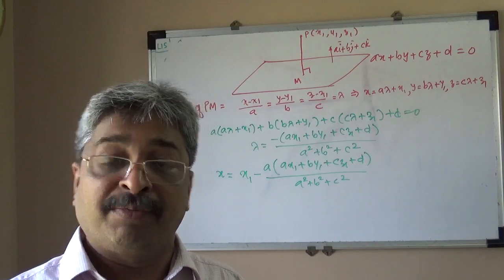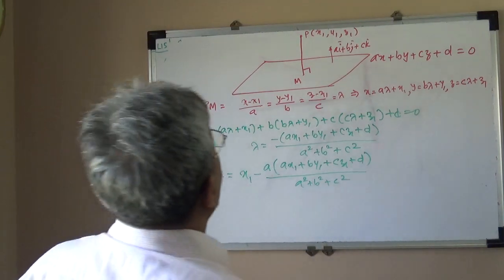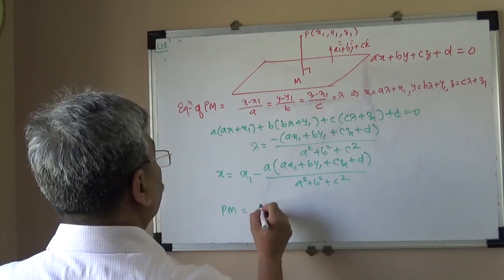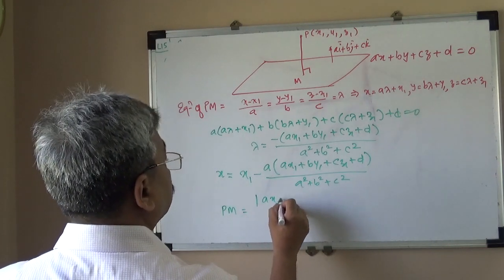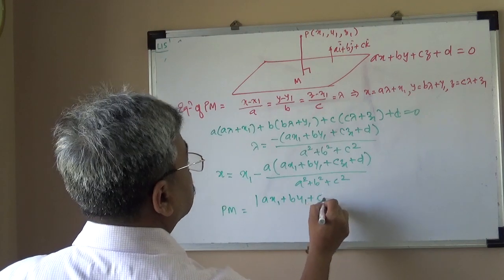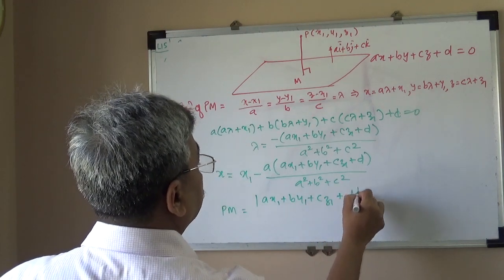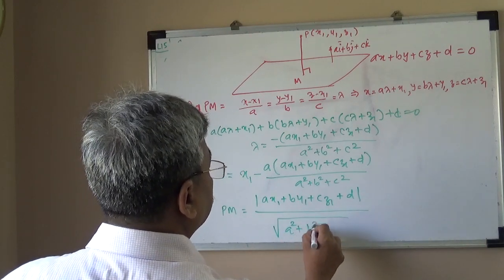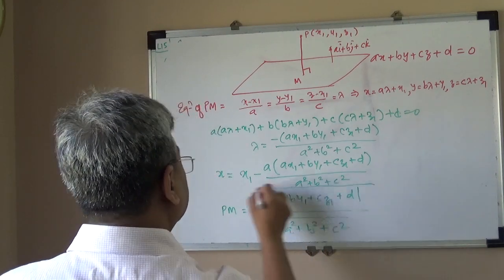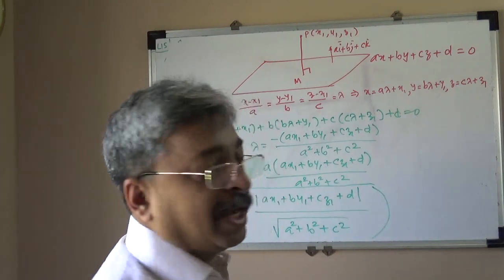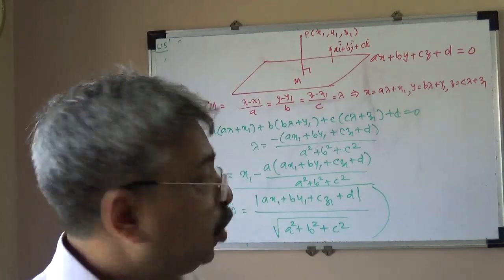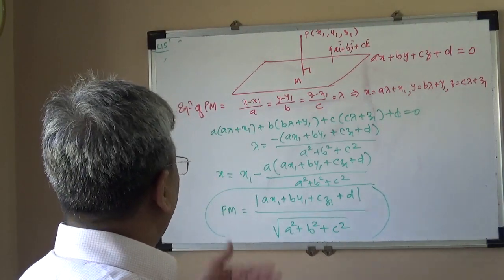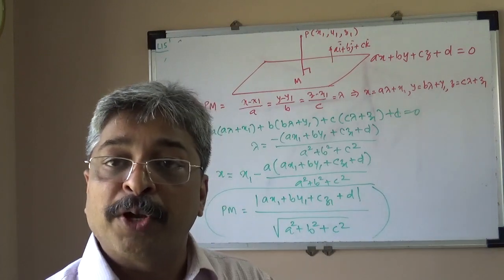If you simplify, the distance PM would look exactly like the absolute value of ax1 plus by1 plus cz1 plus d divided by radical a square plus b square plus c square, exactly similar to the formula we developed for straight lines. This is the formula for finding the distance of a point from a plane.